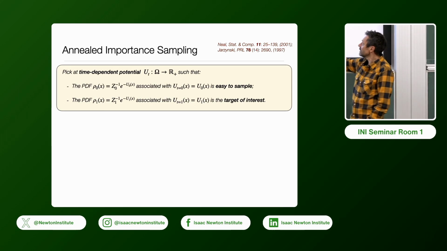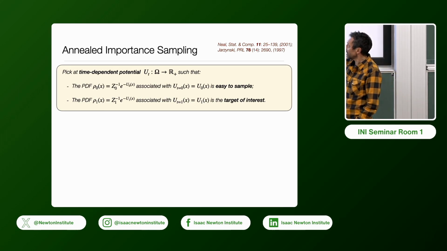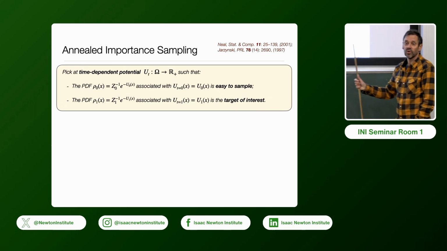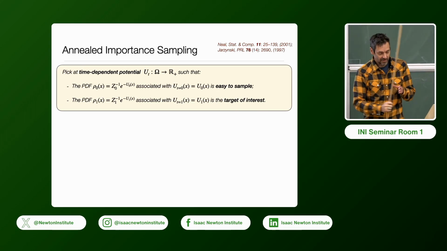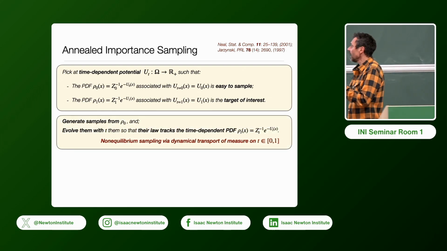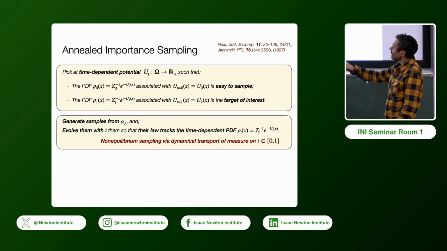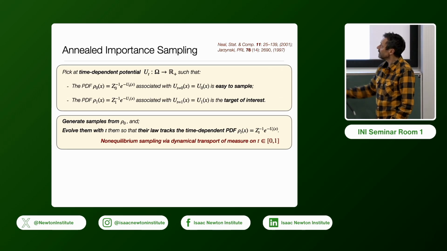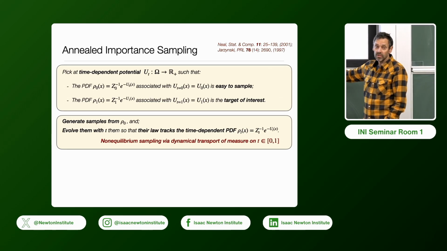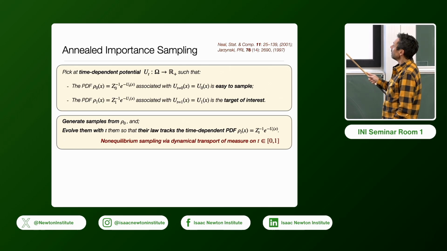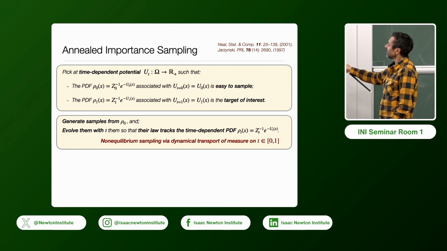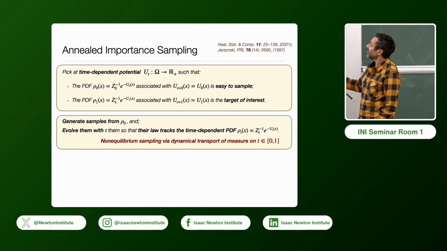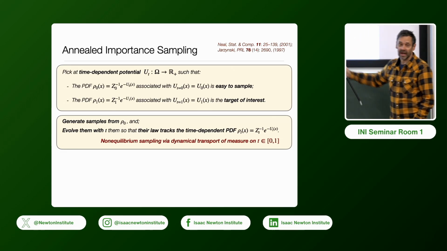Okay, so this could, for example, be something which is non-convex, so that this is a multimodal PDF, and this could, for example, be a Gaussian. I'll give you an example of it. Right, so that's the first step. And then the second step is that we will generate samples from this base, which is easy, and then we're going to evolve them in time so that their law tracks the time-dependent PDF at all times, the one that is associated with the time-evolving potential, in such a way that eventually they should end up on the target.